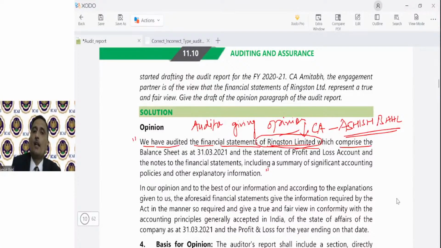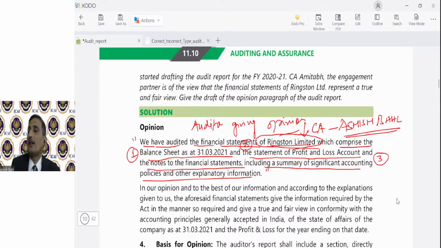Number one, balance sheet as on this date; statement of profit and loss account, this is number two; and the notes to financial statements including a summary of significant accounting policies. Okay, this is number three. And if cash flow statement is there, then we have to write cash flow statement also.